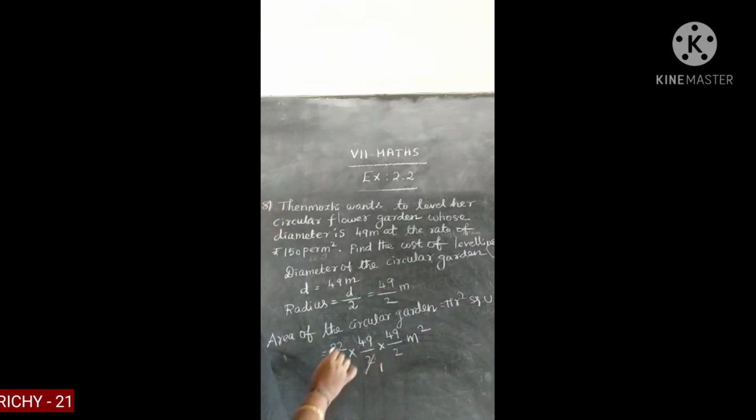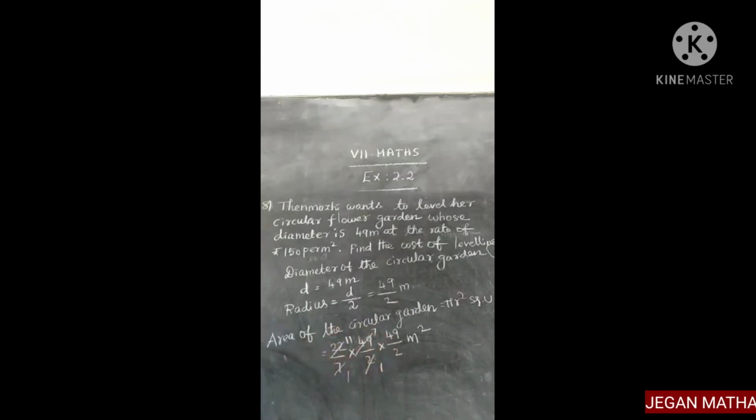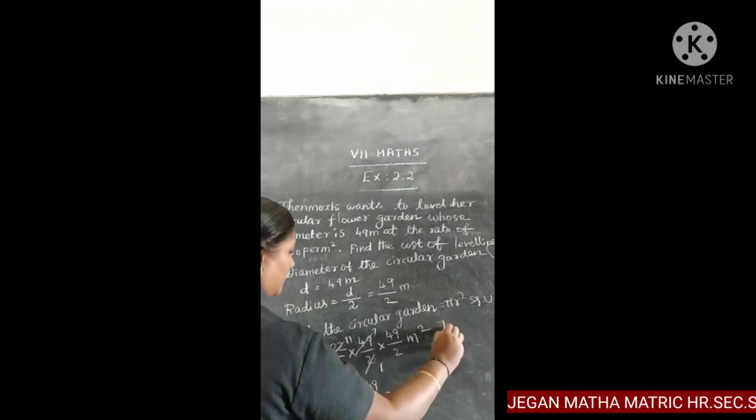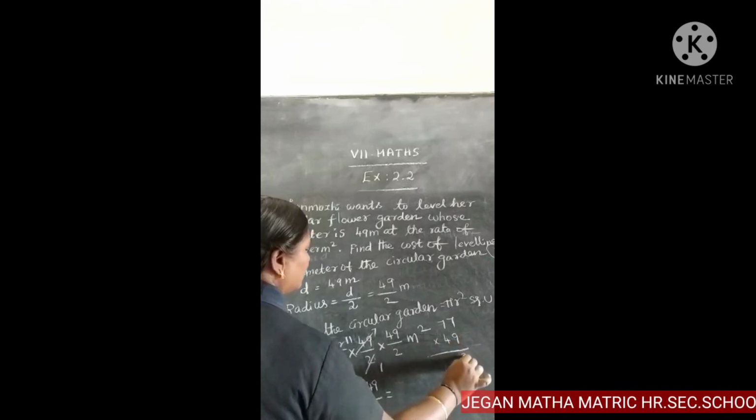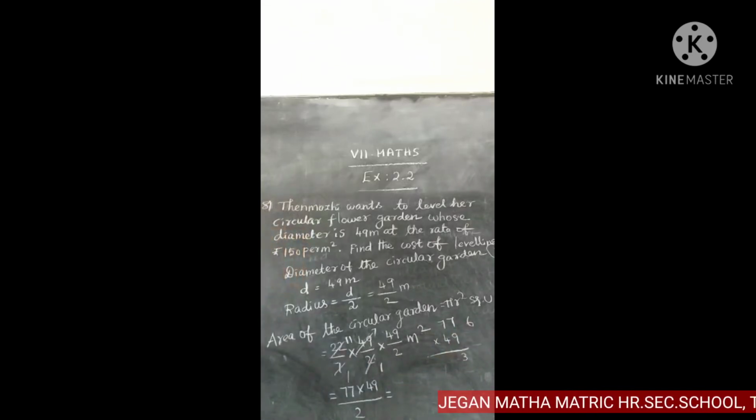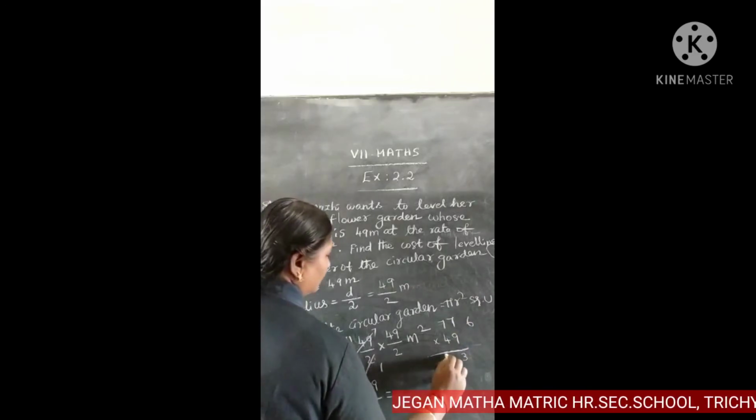1 2s are 2, 11 2s are 22. Here 1 7s are 7, 7 7s are 49. So 11 7s are 77, then 77 multiplied with 49 divided by 2. So we multiply the 77 with 49. 9 7s are 63, remainder 6. 9 7s are 63, 63 plus 6, 69.